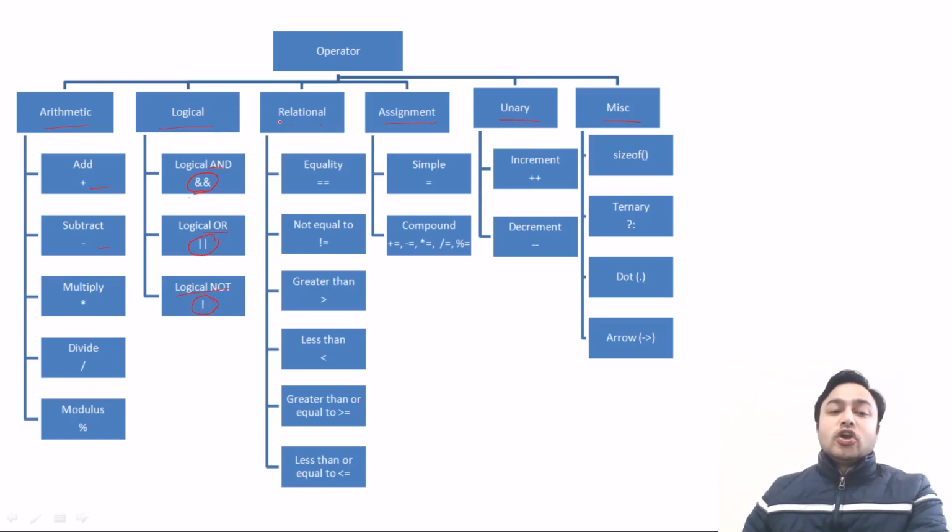In case of relational operator, this is the equality operator. This is the not equal to operator. This is greater than. This is less than. This is greater than or equal to. This is less than or equal to. In assignment operator, there are two types: simple and compound. The simple assignment operator is this, and the compound operators are this: plus equal to, minus equal to, multiplication equal to.